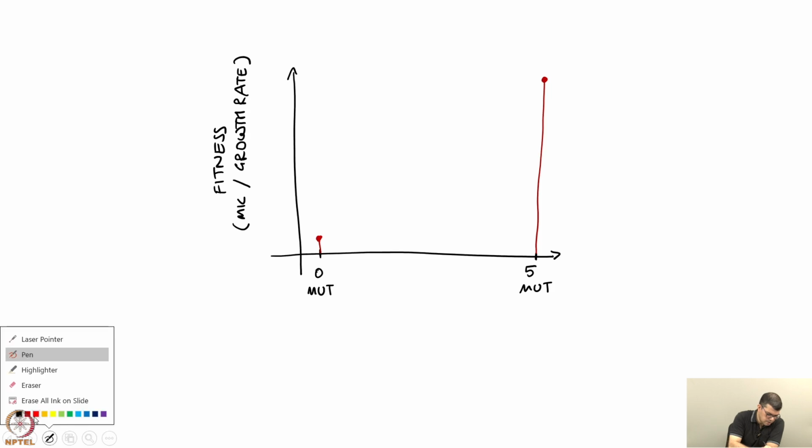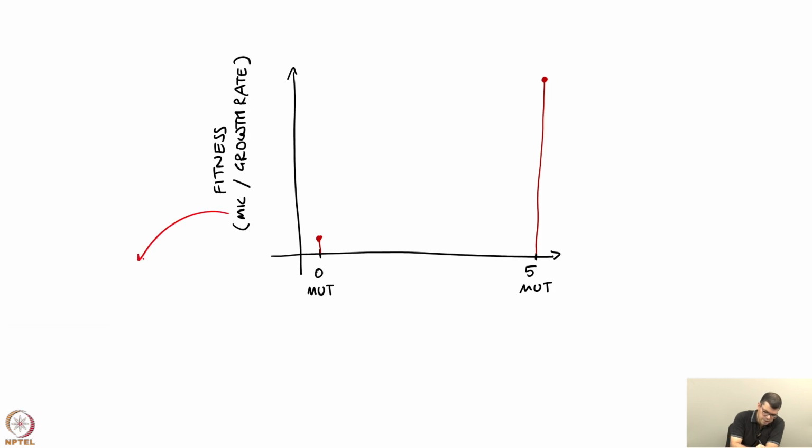MIC was Hartle and co-workers, and growth rate was Cooper and co-workers.